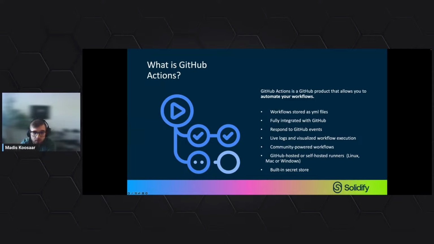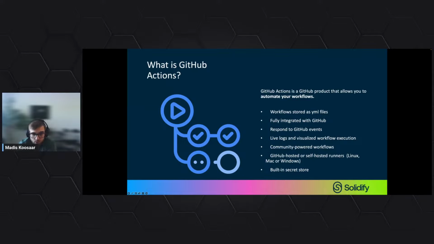We also have live logs and resource workflow executions that I will also show in the demos later on. There's a huge community behind the actions, and there should be around 11 to 12,000 extensions, or by now even more, that are powered by the community out there.